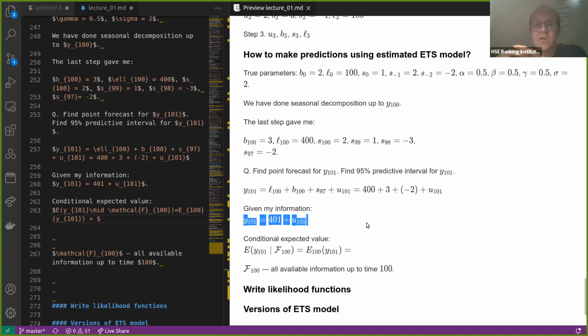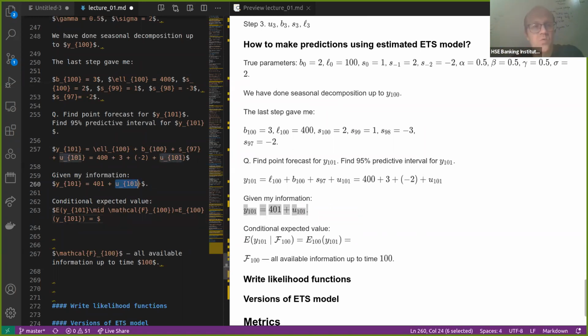It's independent of what I have, because I have information about U1, U2, U3, U4, U5, and so on, up to U100. I know everything up to moment 100. And U101 is independent of my information. So the best prediction for U101 from my side is 0. I cannot predict it.